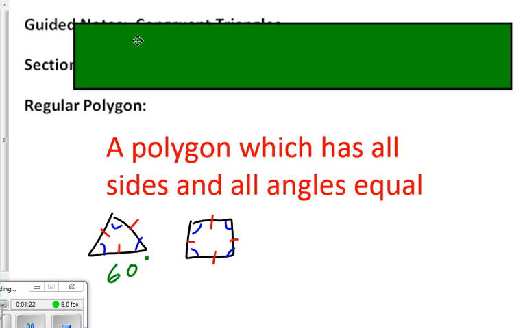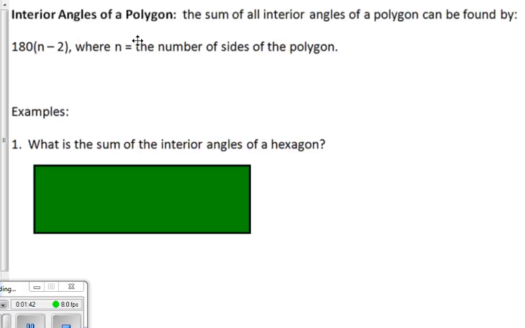For a regular quadrilateral, or regular four-sided polygon, they all have to be 90 degrees. They each have to be a right angle in a square. We can do this for any regular polygon, but the term regular polygon just means a polygon that has all sides and all angles exactly equal to each other.